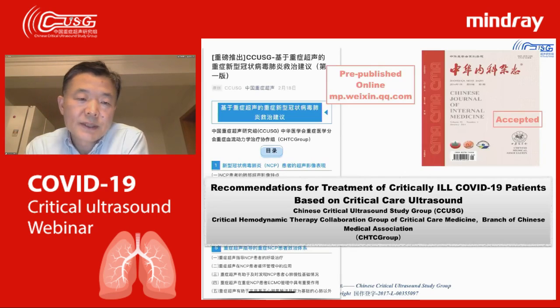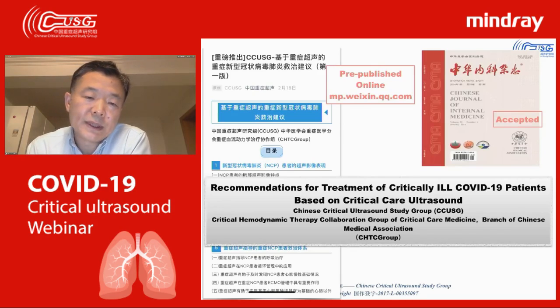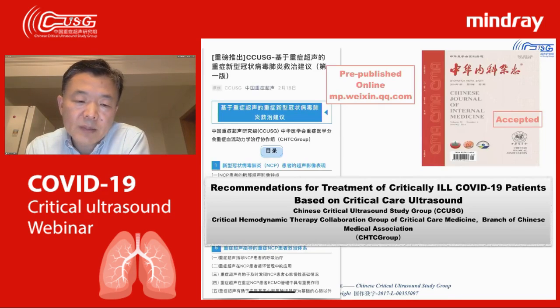The Chinese critical care ultrasound study group has also published this guidance, or we call it group ideas, to all of our colleagues. You see here recommendations for treatment of critically ill COVID-19 patients based on critical care ultrasound.